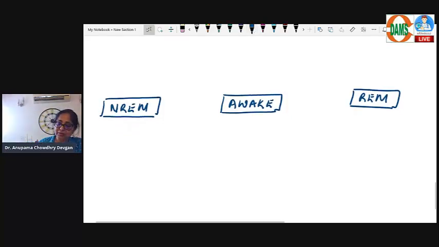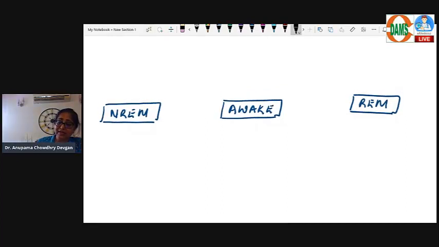Now, which are the neurotransmitters which are associated with the awake state? This I've already discussed with you. When I was discussing pain, I told you two important areas of the reticular formation which are involved with the awake state: the raphe nucleus and locus ceruleus.